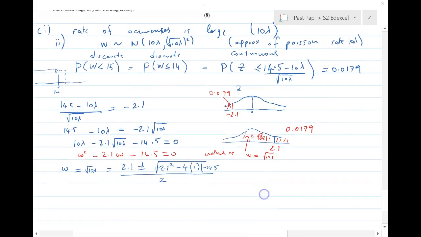When we work that out, that actually equals 5, because the negative root doesn't apply. So the square root of 10 lambda equals 5. That gives us 10 lambda equals 25, which finally, after quite a bit of fiddling around, gives us lambda equals 2.5. Okay, one more question to go.